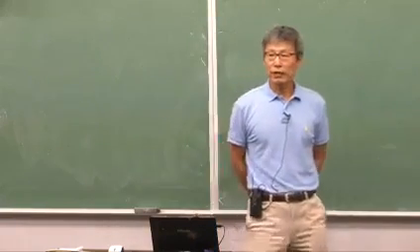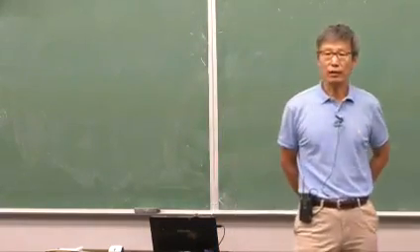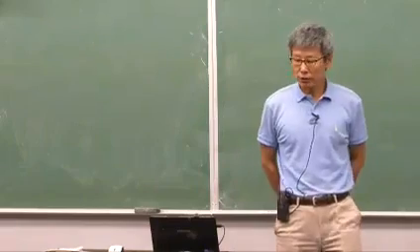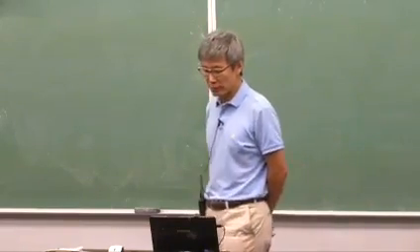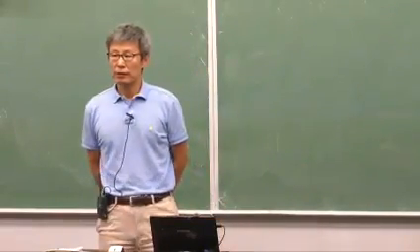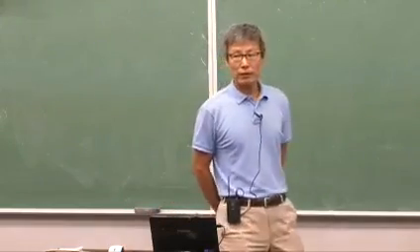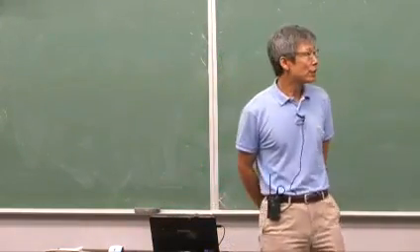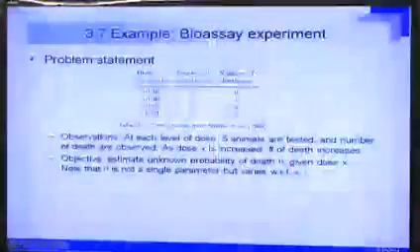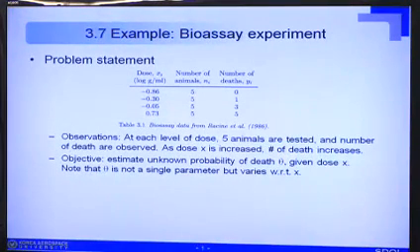In Monday's lecture 2 days ago, we considered this problem, the bioassay experiments, and we stopped in the middle of this process. So once again, I start with stating this problem.